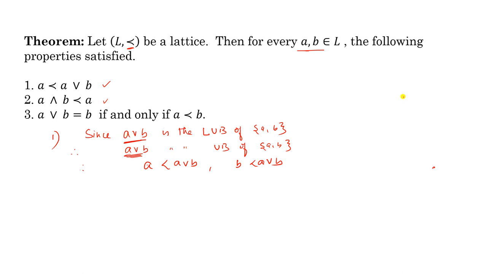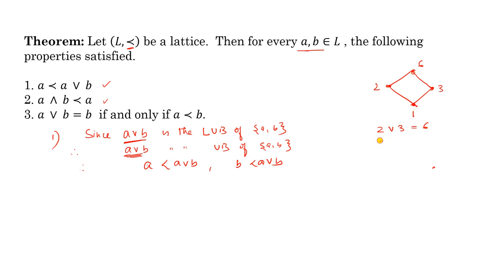Now remember one thing: whenever we talk about A or B, this is an element. Suppose we have a poset like this, with elements 1, 2, 3 and 6. If I write 2 or 3, it means the least upper bound of 2 and 3. The only upper bound is 6, so the least upper bound is 6.